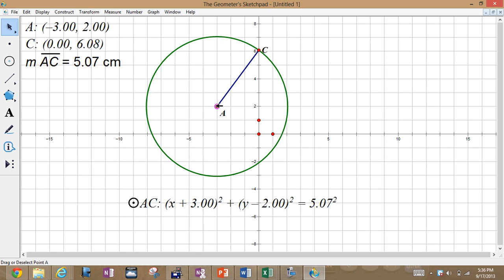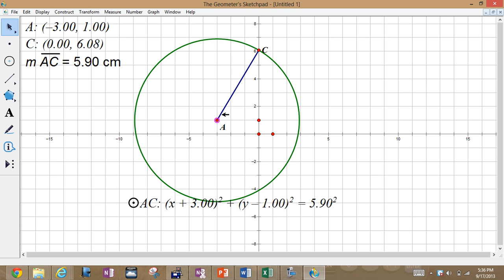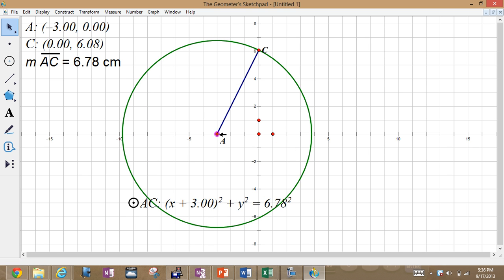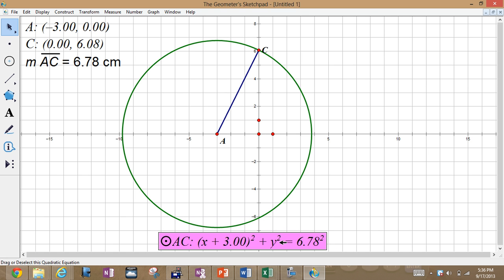If I move my center onto the x-axis, namely at -3, 0, then that's reflected in my equation here as well. Notice that the y-coordinate of the center is 0, so this collapses. What it reads is the quantity y minus 0 squared, but there's no need for that.